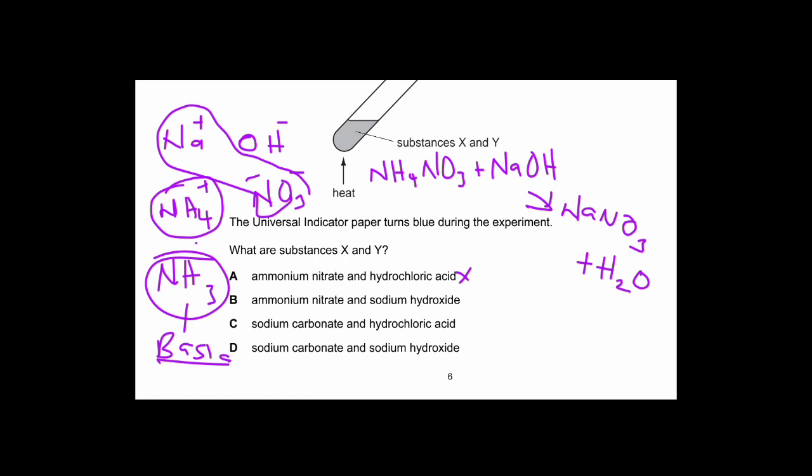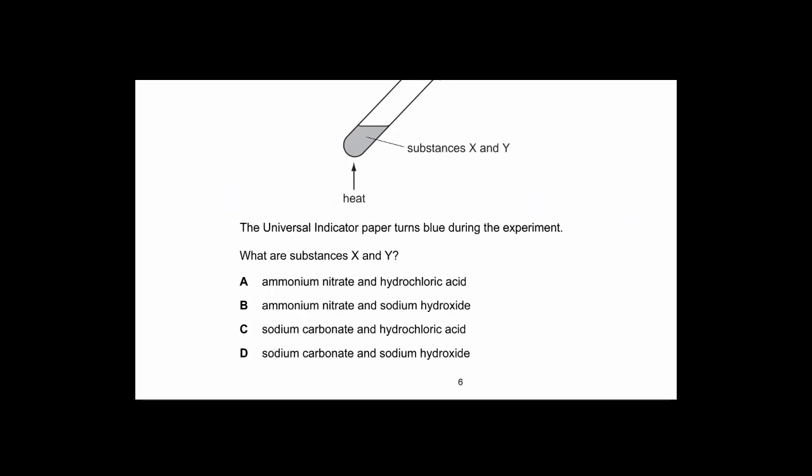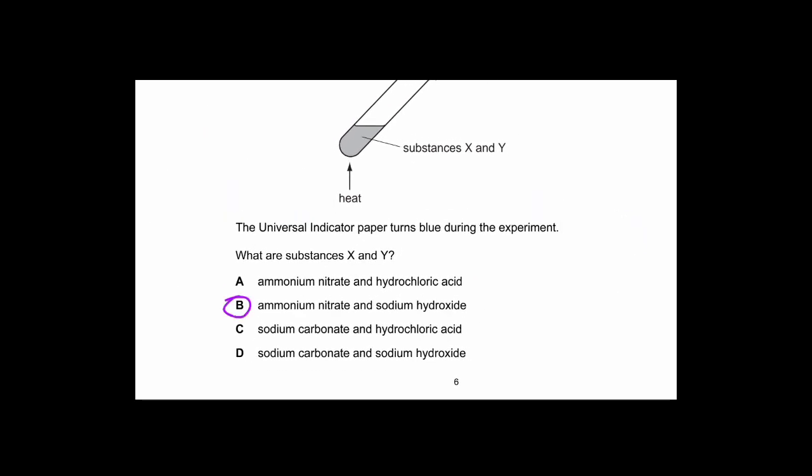We understand that since ammonia is a base, it will be able to change a red litmus paper to blue. So this is likely to be the correct answer. Sodium carbonate and an acid will give us carbon dioxide. Sodium carbonate again with sodium hydroxide is not making sense. So the answer is B.